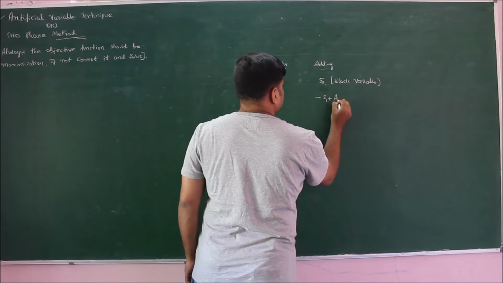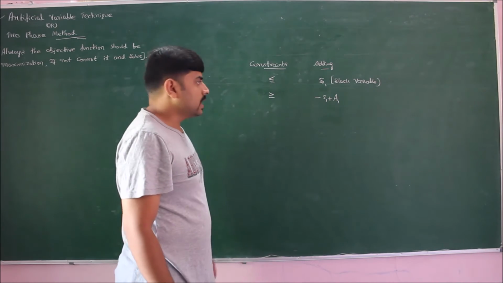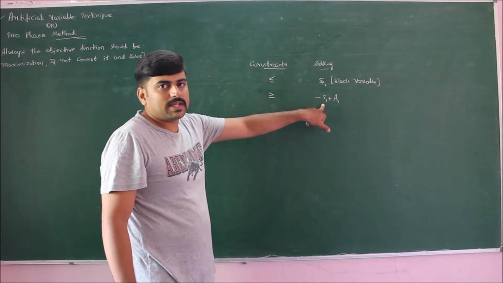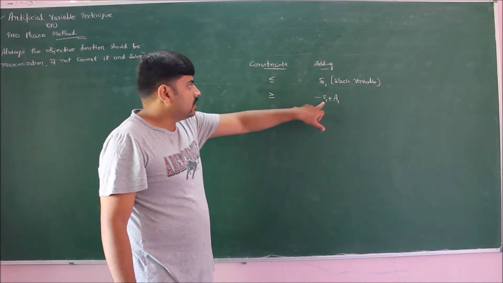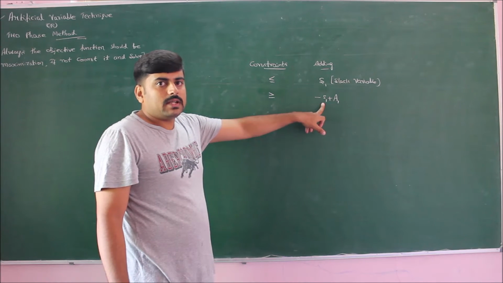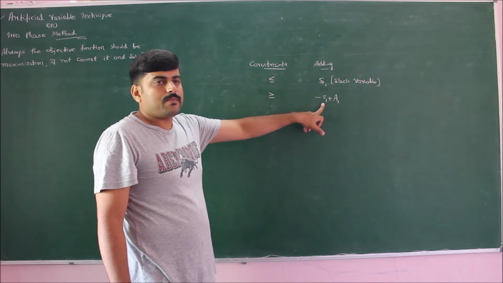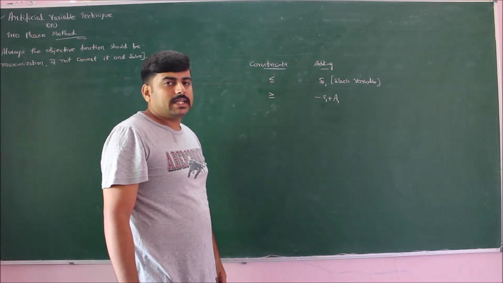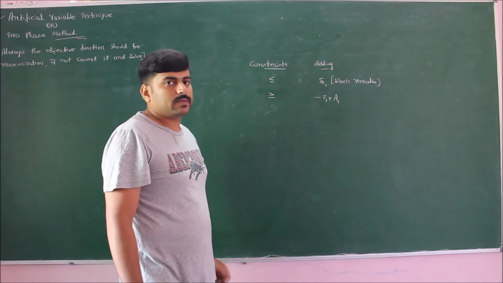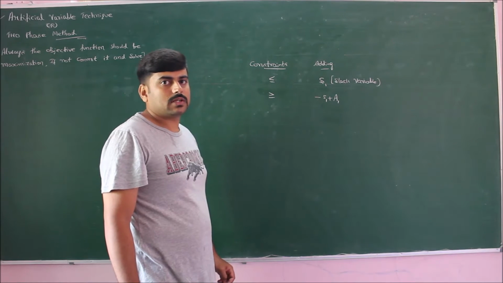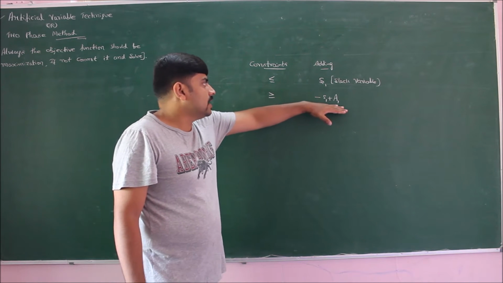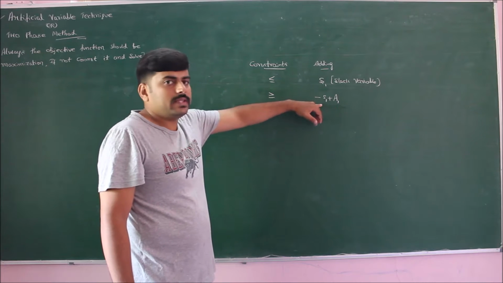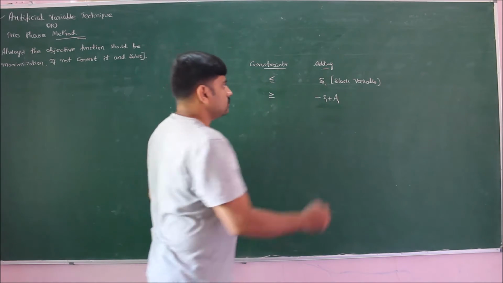In addition, we will be adding the artificial variable. This is because of the reason, since surplus is negative, if I use the surplus variable in the basic variable position, then I won't get the identity matrix, thereby it is impossible for us to get the basic feasible solution.